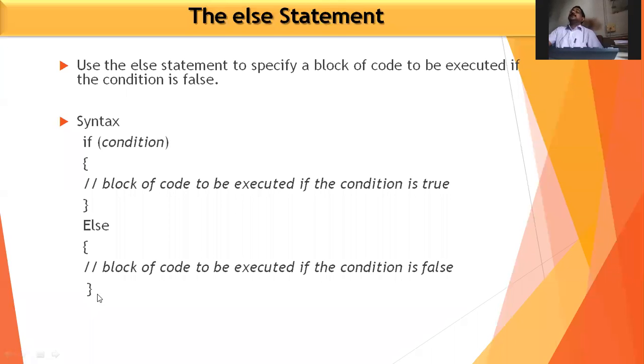So if this condition is false, then the else part will get executed, and one or more statements written inside the else part will get executed. So the if condition has both branches, the true branch and the false branch. So that is the else statement.